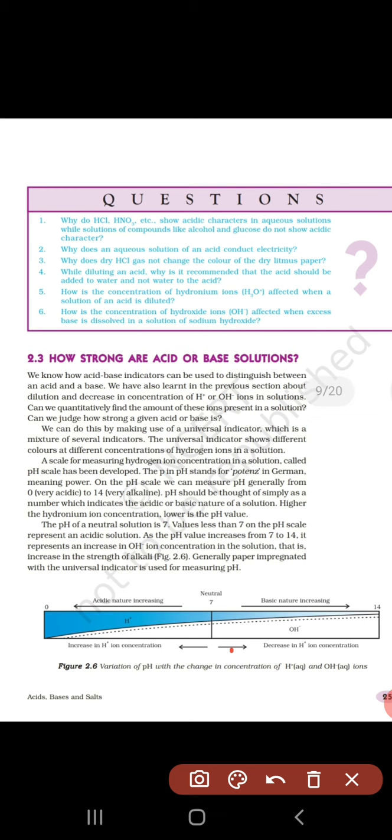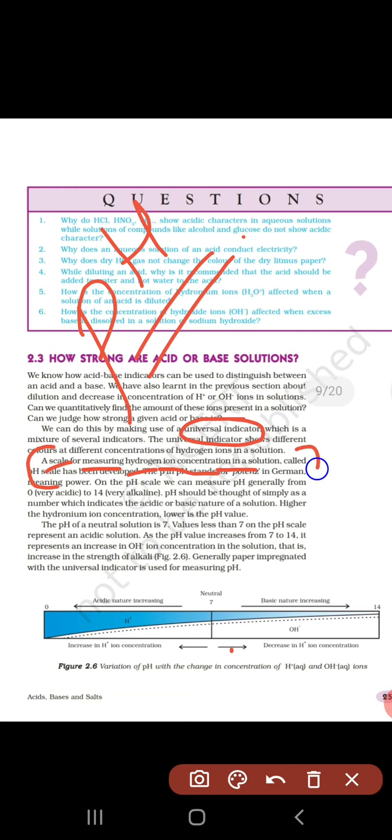Now about the universal indicator. What is meant by the universal indicator? Universal indicator is nothing but the pH. So what is pH? A scale for measuring the hydrogen ion concentration in a solution is called pH.